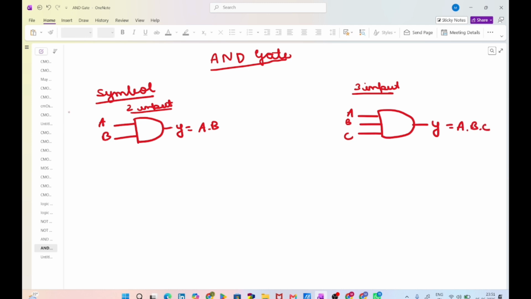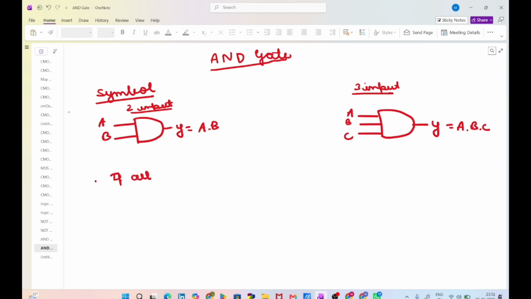Let's discuss how it works. The output will be 1 when both the inputs are 1, or we can say the output will be logic high when both the inputs are logic high. It's simple.